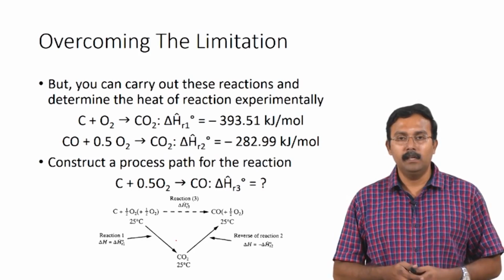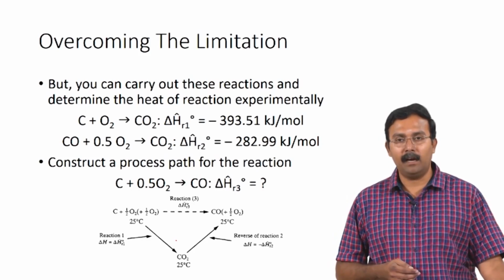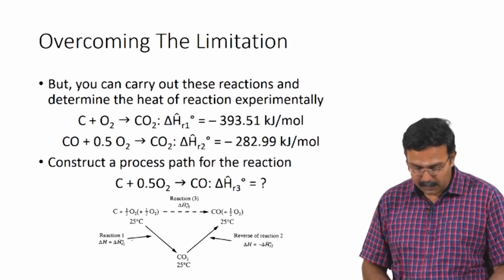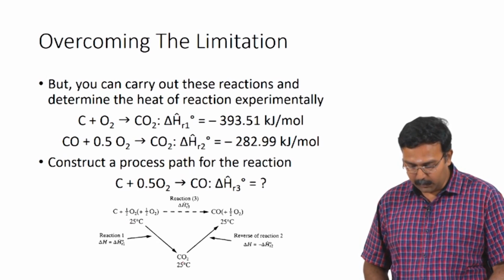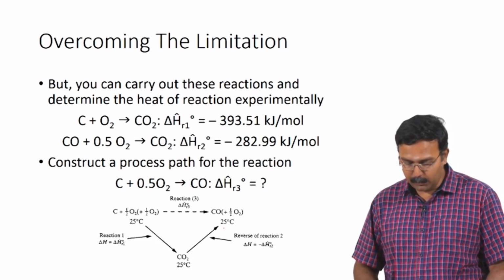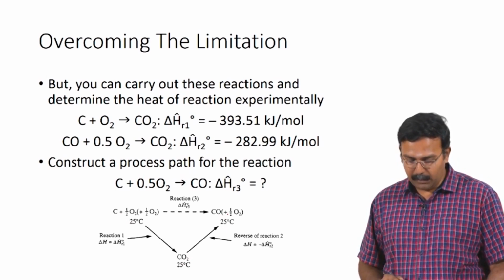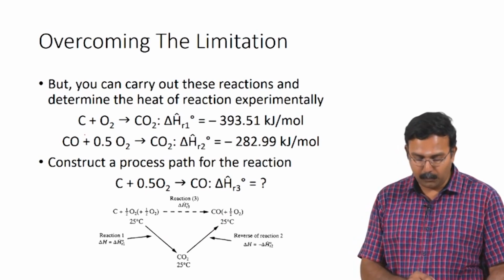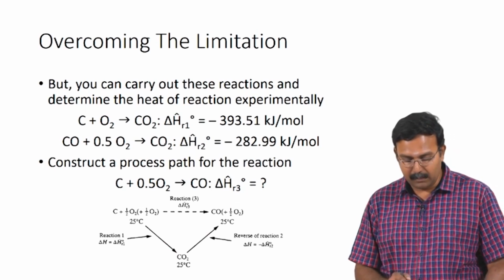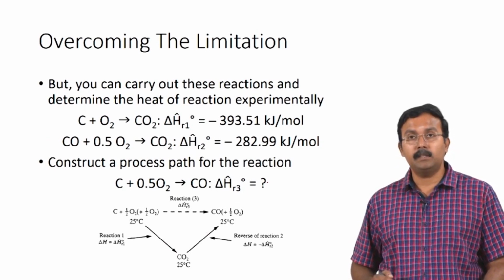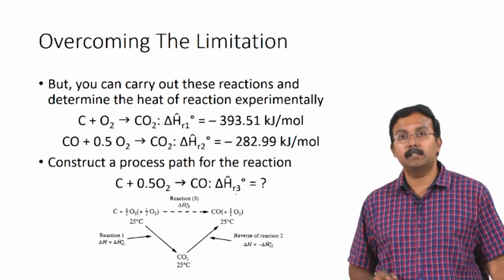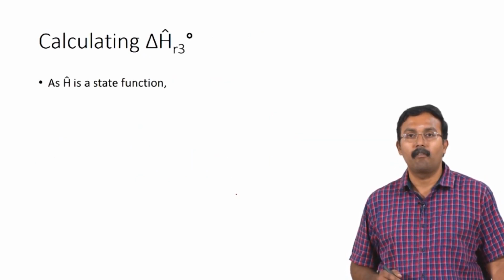So the reaction of interest is basically the first step, where carbon plus oxygen forms carbon dioxide, and from carbon dioxide you have carbon monoxide being formed along with half of oxygen. The first step is reaction 1, and the second step is the reverse of the second reaction. Using this we can calculate the heat of reaction for the desired reaction.